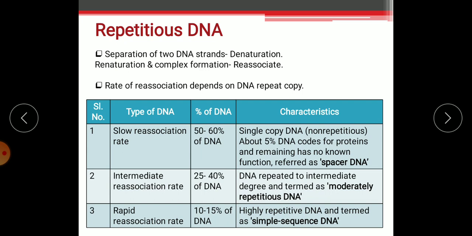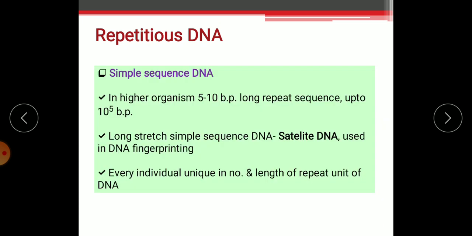So the simple sequence DNA or the highly repetitious DNA is mainly the long stretch simple sequence DNA, which is called the satellite DNA, which is used in DNA fingerprinting.